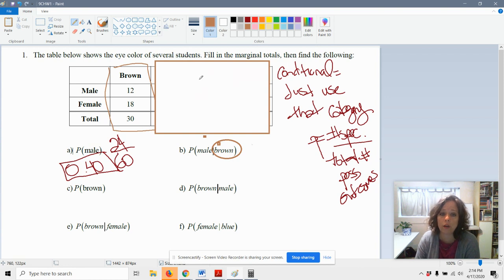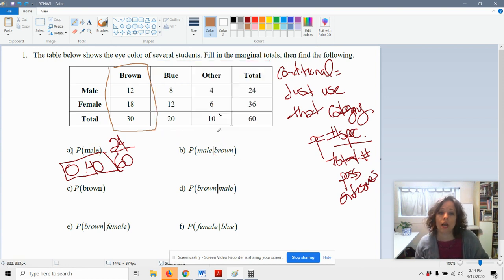Because again, we don't see anything else there. We've covered it up. You can literally take a piece of paper and cover the other parts of the data up so you don't get confused. I always recommend doing that, just so that you realize, hey, we only want to look at brown data. So the males in the brown data, that's 12.